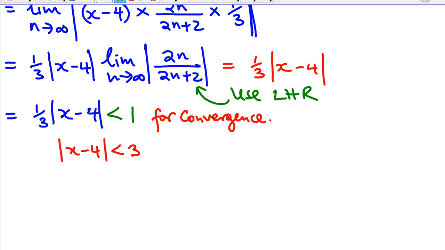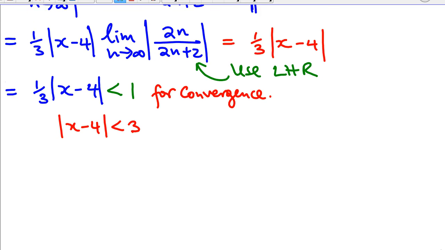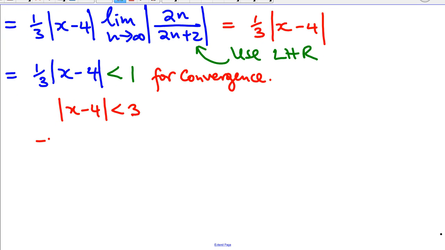Now 3 here is actually the radius of convergence, but I'll just carry on working out my solution. So you'll have negative 3 less than x minus 4 less than 3. Add 4 on both sides, and you'll end up with the values of x being between 1 and 7. Now remember, we have to check the endpoints.